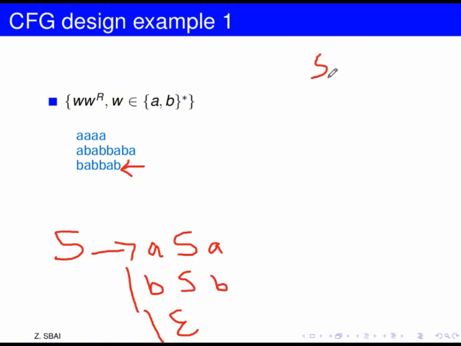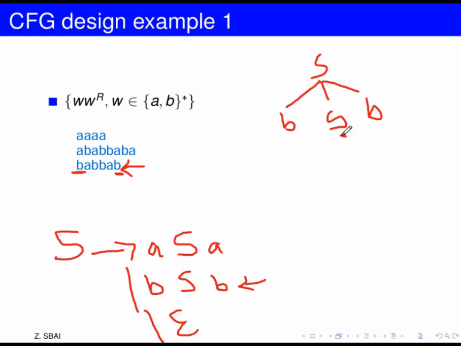So for the parse tree, we'll start with S, and since it starts with the letter B here, we will choose this rule. So S will produce 3 symbols, B, S, B. Okay, so this B appeared, also the last B appeared here.